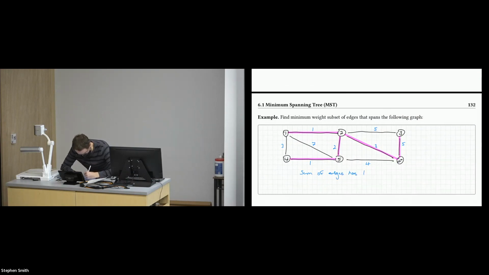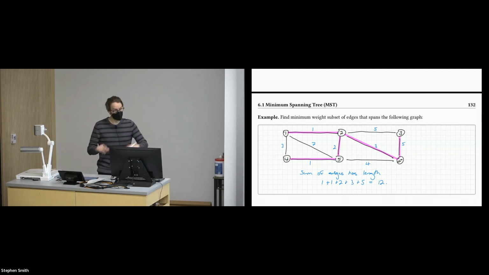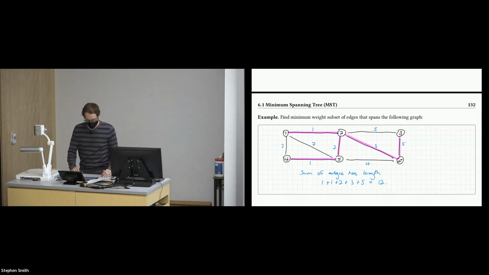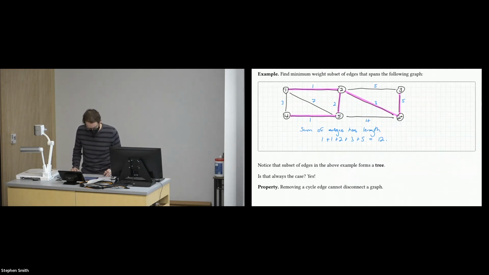We have 1 plus 1 plus 2, that's 4, plus 3, that's 7, plus 5, that gives us 12. And maybe there's a better solution, but that's a candidate solution to this problem, right? And so now the question is, how do I find the shortest possible set of edges?